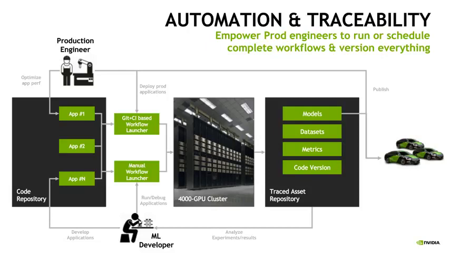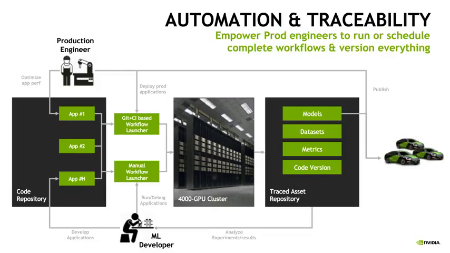Second is typically running these applications in a way that's fairly interactive on a daily basis, so manually running these applications on the cluster. And what that person needs is to have a lot of rapid feedback on whether his algorithm makes sense and is better than some baseline. And then last, that person wants to be able to get results and really understand what worked and what didn't work, and then iterate and learn from that and continue that process.